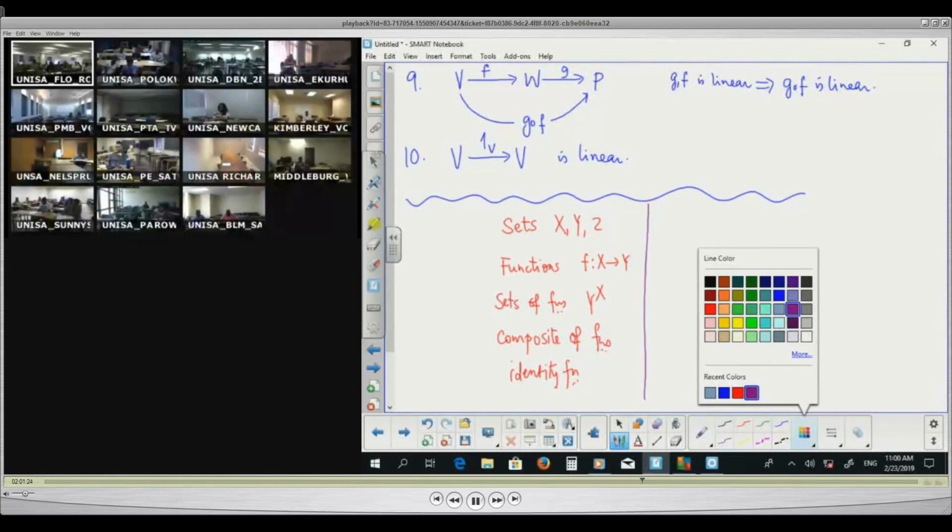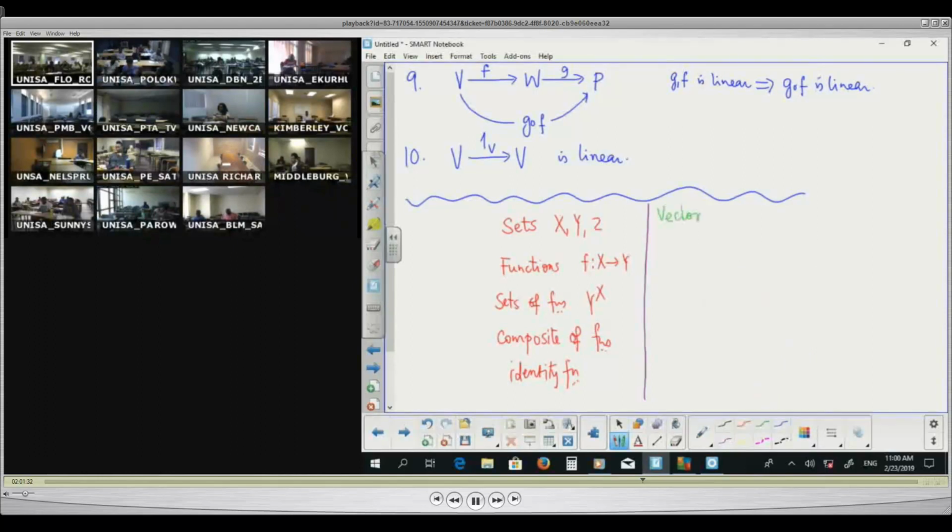So over here, vector spaces. The symbols don't matter. That's why I kept it the same. Linear transformations, exactly the parallel of functions. Okay?